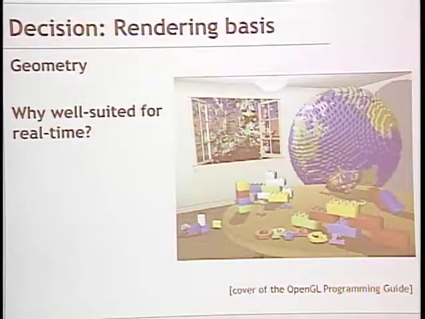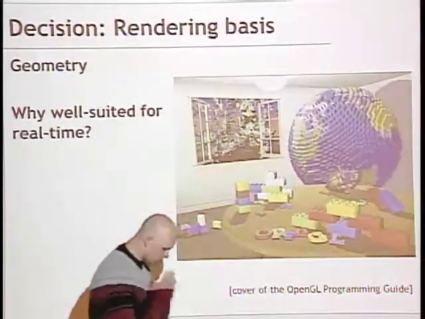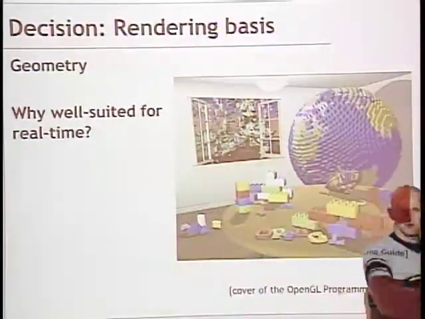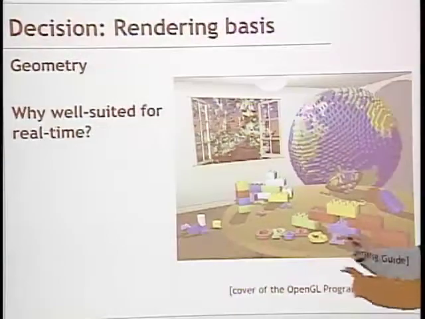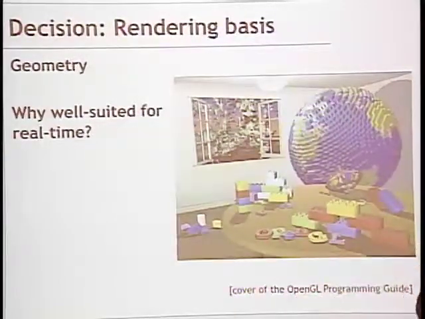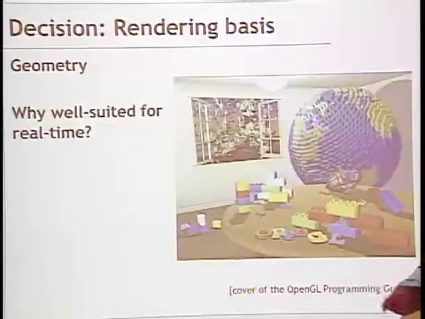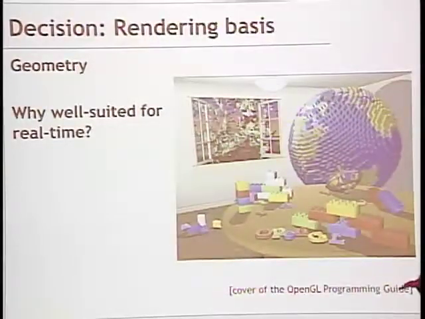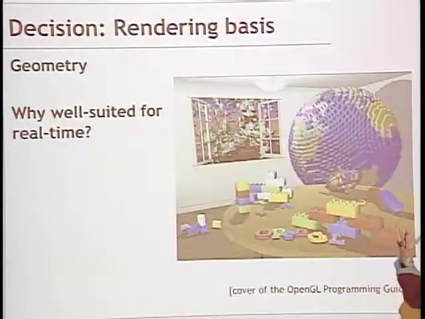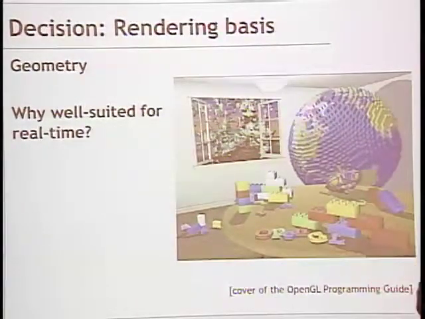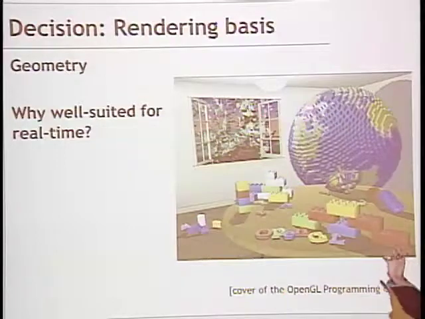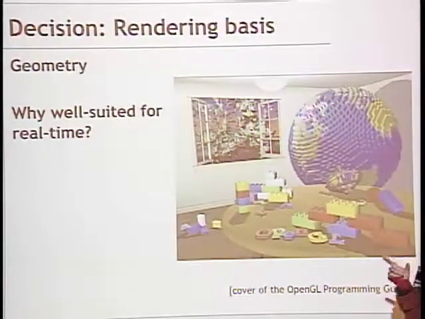Each piece can be handled independently. Okay, so this is one of the enormous things that if I'm rendering each of you, you're all separate. I have parallelism when I render you. I can render every single person separately, and you don't have to know about each other to do the rendering. Okay, so it's not just that it's parallel, it's that it's parallel and independent, that I can render different pieces of things all at the same time, and those pieces of things don't have to know about each other at all.